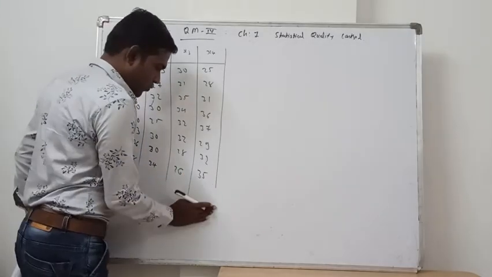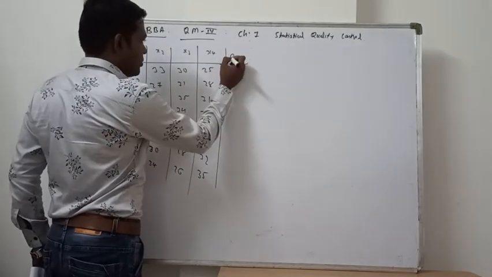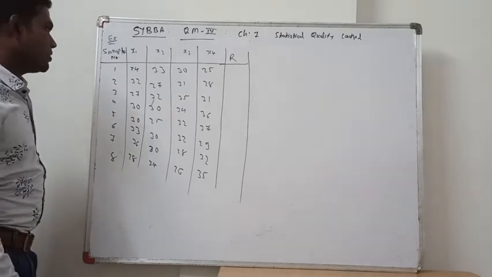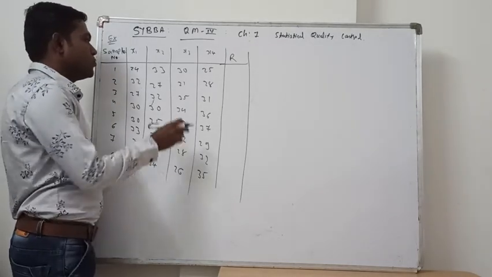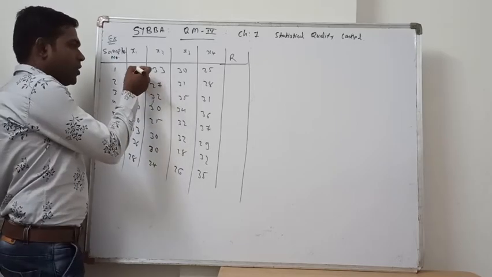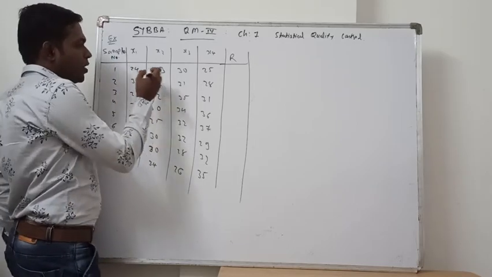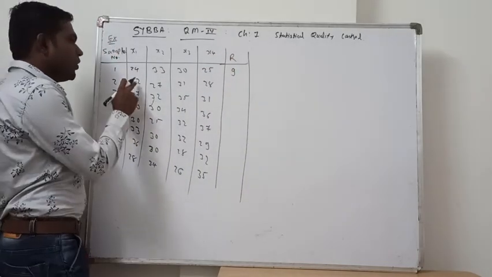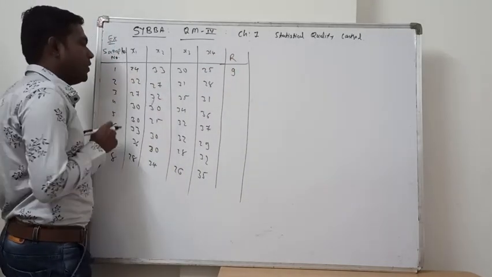Now first we have to find the range, that is R. Range means highest observation minus lowest observation. The highest observation is 33, the lowest observation is 24. 33 minus 24, the difference is 9. Next one, the highest observation is 32, the lowest is 27.